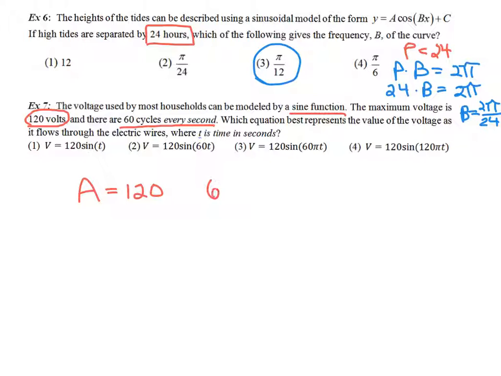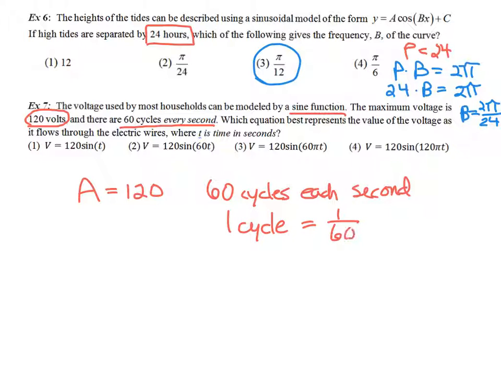So if there are 60 cycles each second, what I need to know is how wide is one cycle. So to do that, we're going to have to divide by 60. So that means that one cycle is going to take 1/60th of a second. Now the width of each cycle is just the period, so I know that P must be equal to 1/60.